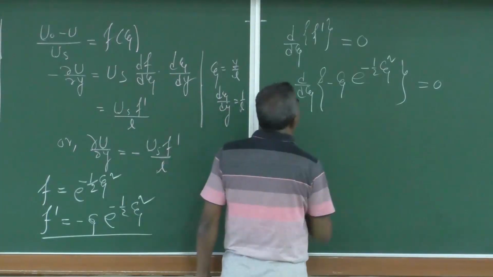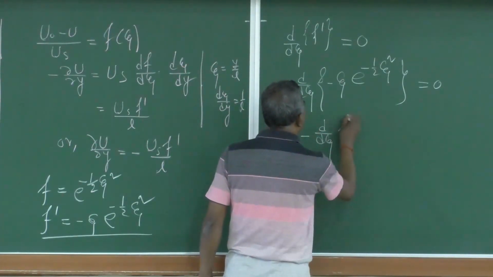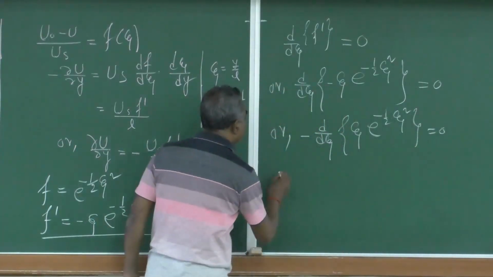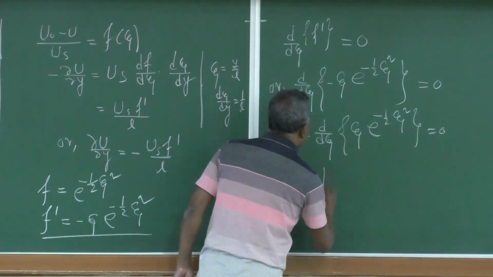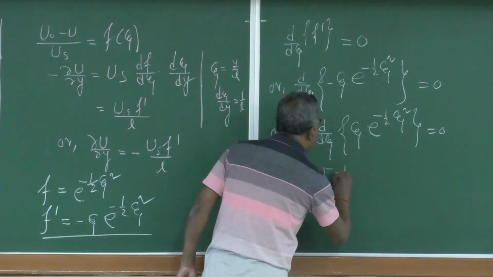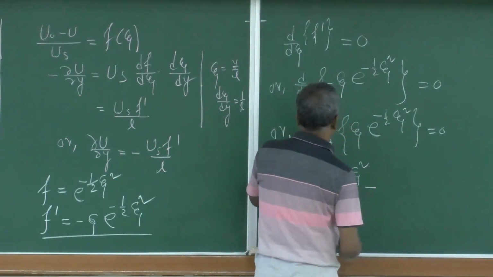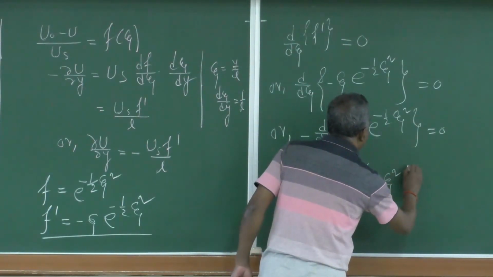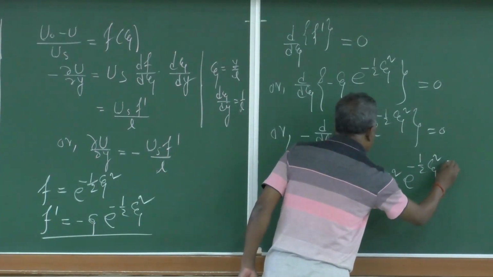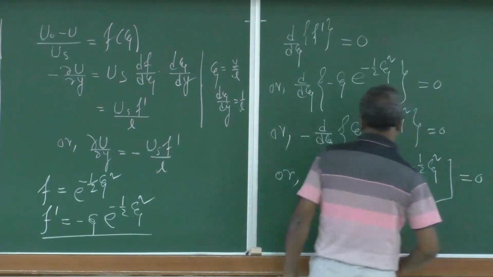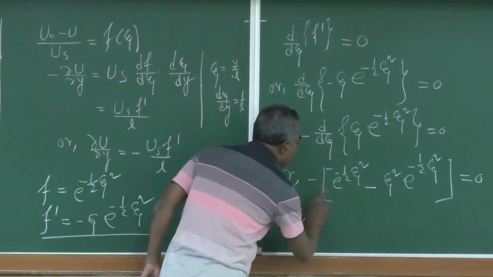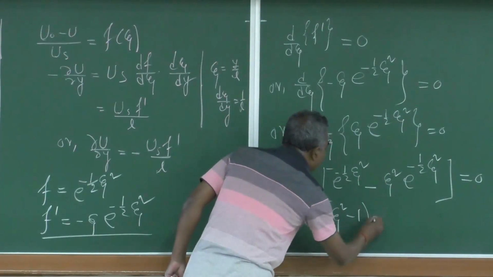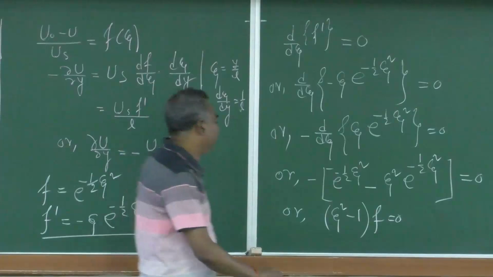Taking the negative sign out, and differentiating the exponential of minus half xi square gives xi square times the exponential. So it is going to be xi square minus 1 times f, essentially, equals 0.